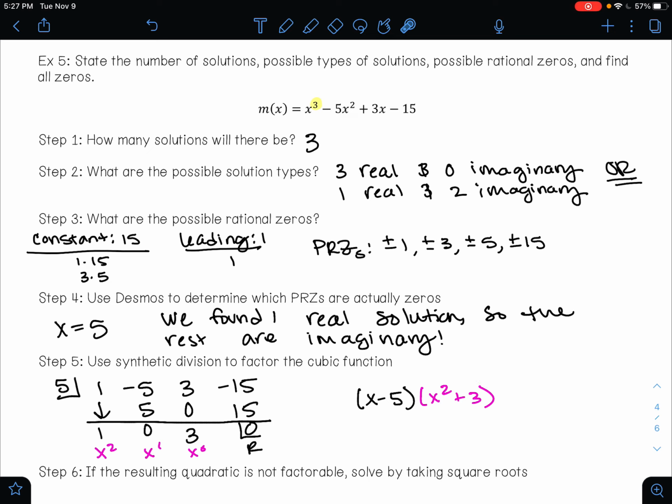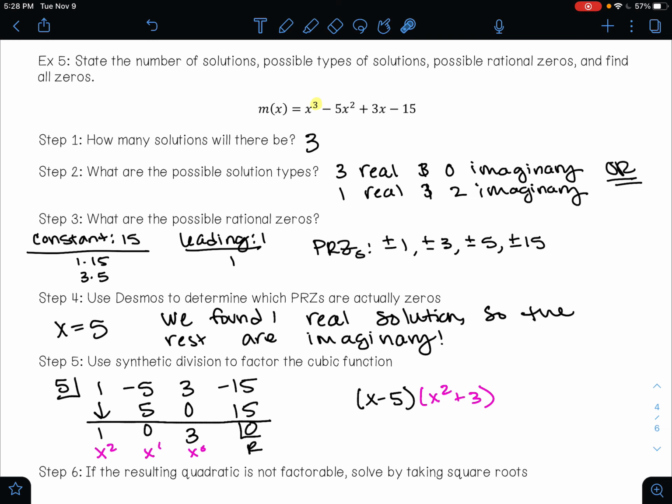The only way that you can factor a binomial is if you use a difference of squares. x is being squared, but 3 is not a perfect square, so I can't use a difference of squares to factor this. Also, it's not a difference, it's a sum.